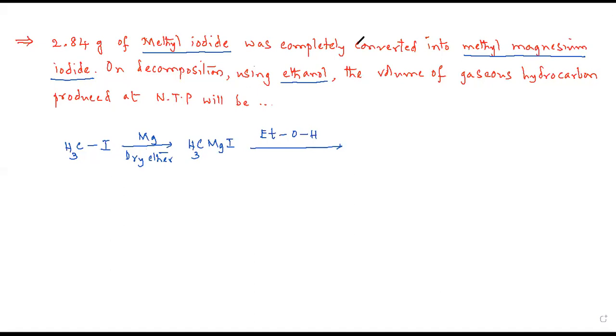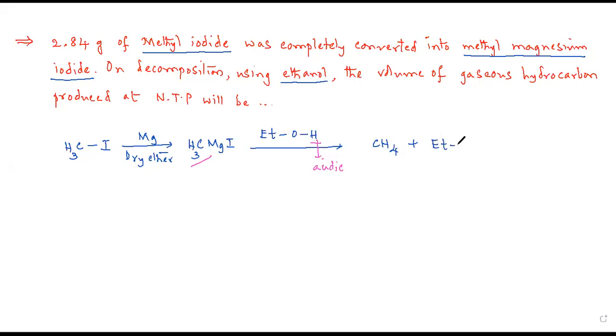Now it's just like the hydrolysis of a Grignard reagent. This is acidic or active hydrogen. Now this will go along with methyl and we get methane, right?